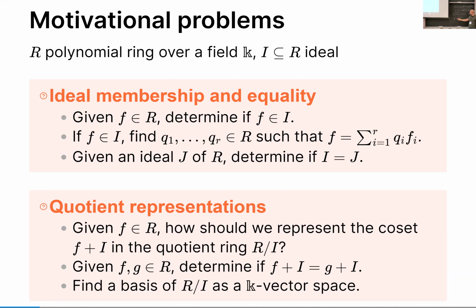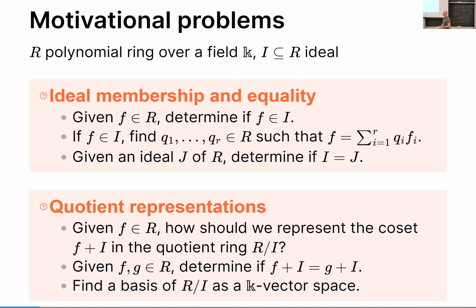But what that tells you is that the polynomials f and g actually represent the same function from your variety to your field k. So different polynomials may represent the same polynomial function, and they do that exactly when they have the same coset. And then one step beyond that, R mod I is actually a k-vector space. Can we find a basis for it? And that we will use later on for some useful computations.